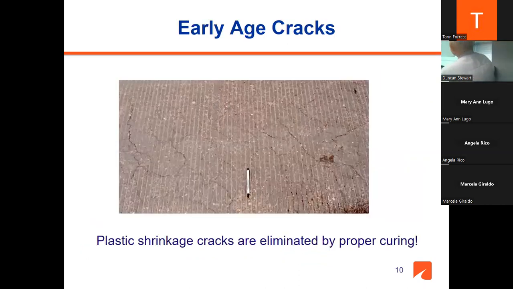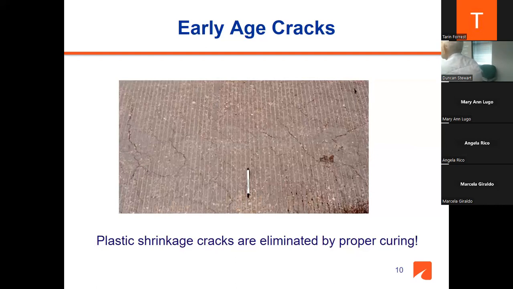So when does the crack occur? The crack can occur at an early stage or at a later stage. Here is an early stage cracking, plastic shrinkage crack. What happens in the system is that when concrete is plastic, meaning it has not hardened, it has not started gaining strength, the water evaporates from the surface and the surface starts becoming dry, but inside is still wet.